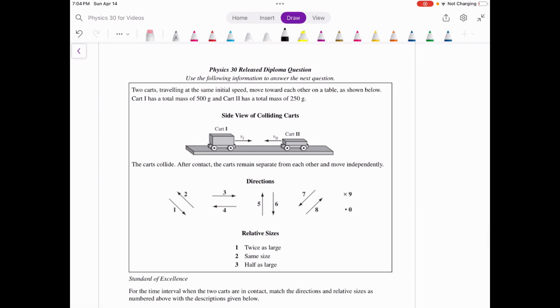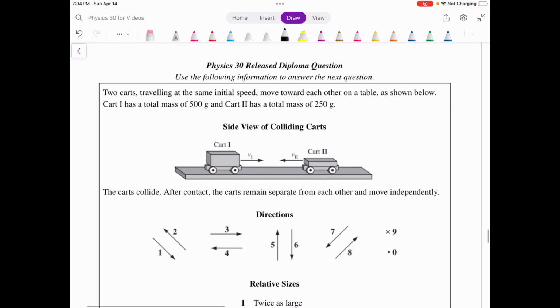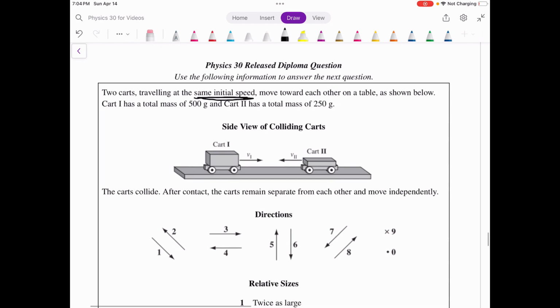Let's go ahead and jump in and read this one. So two carts traveling at the same initial speed move toward each other on a table as shown below. Cart 1 has a total mass of 500 grams. Cart 2 has a total mass of 250 grams. All right, so nothing too surprising here, right?